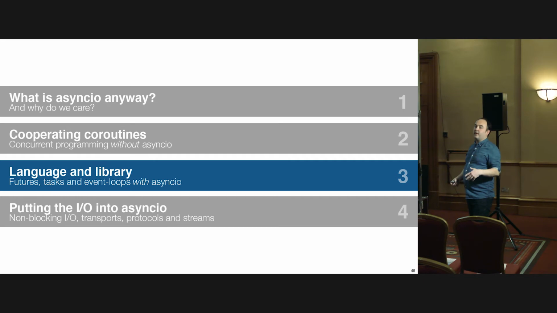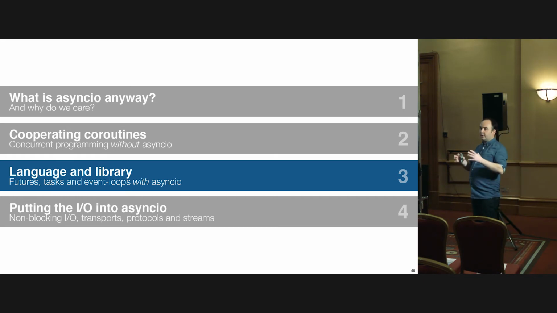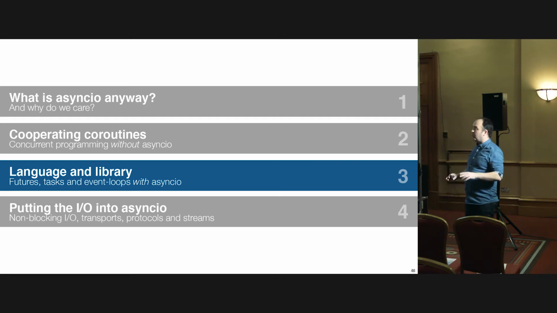The new stuff in Python 3.5 is essentially syntactic sugar on top of what I've just shown you. So underneath, it's all still yield from and yield. There's just some new keywords to make you think in terms of tasks rather than in terms of iterators, just to conceptually separate those in your mind. It's almost all for the benefit of the developer. It makes no difference to what's actually being executed.